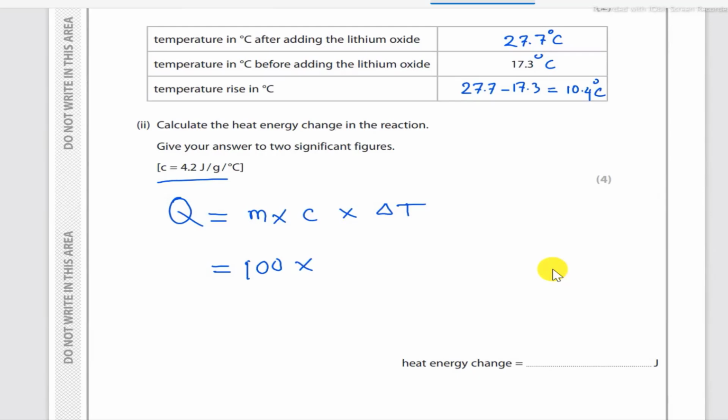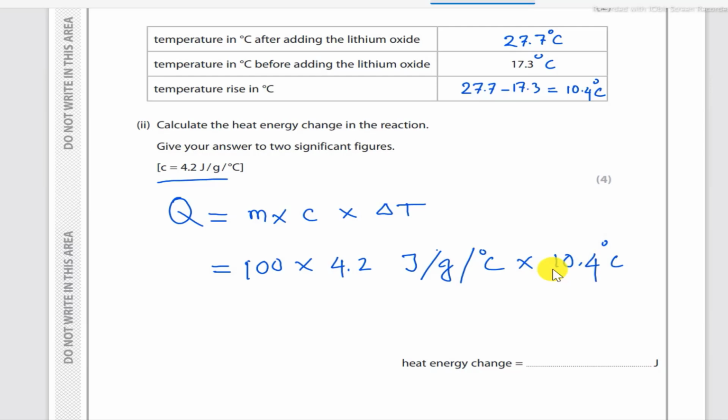And C, the specific heat capacity for water, is 4.2 joule per gram per degree Celsius. And the change in temperature here is 10.4 degrees Celsius.